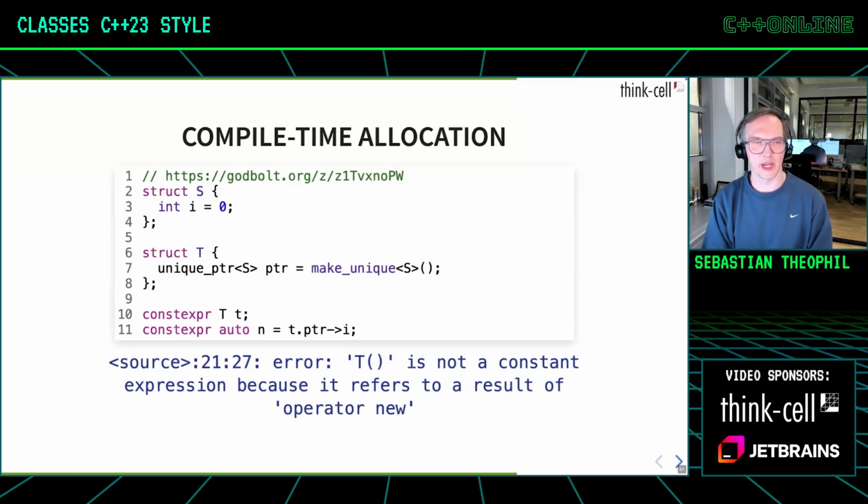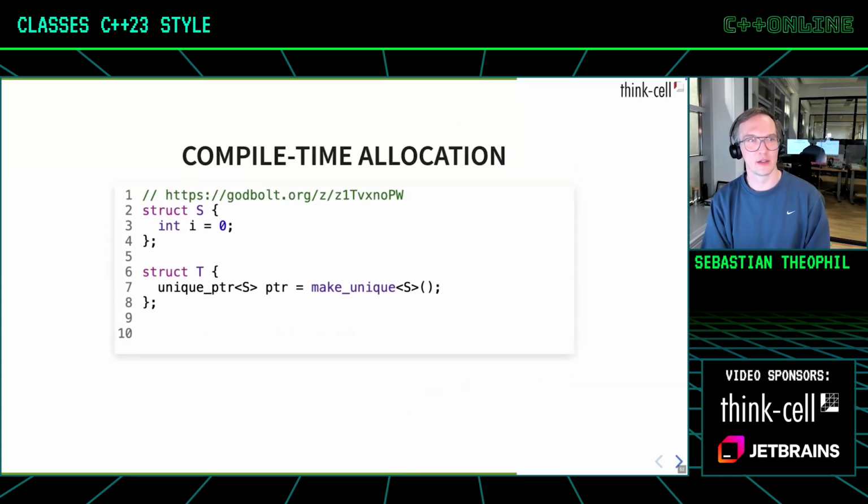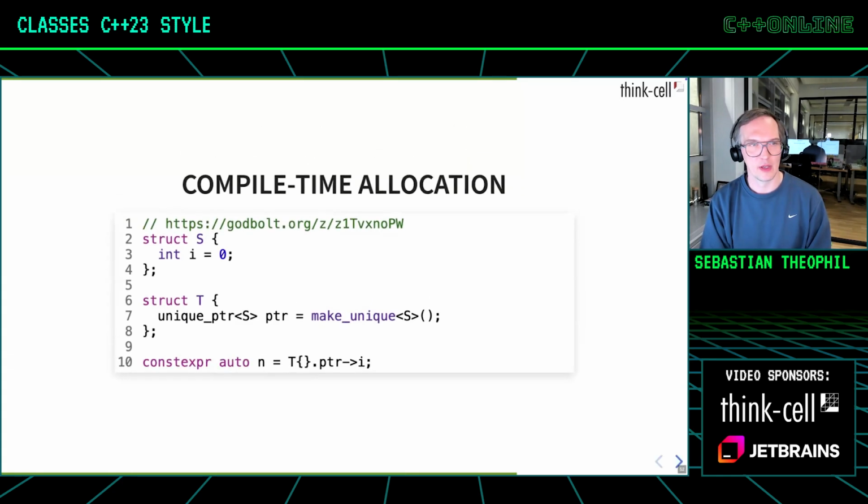Okay, by itself, not very helpful if you don't know how compile time applications work. This will work. So we create a type T that will create a unique pointer at compile time, and then we access that pointer and access member i, and then this will indeed compile at compile time.